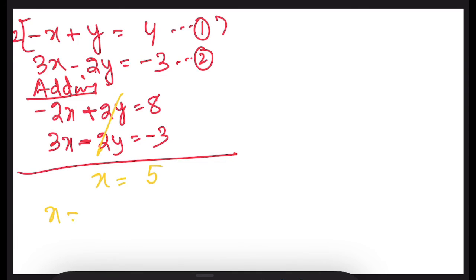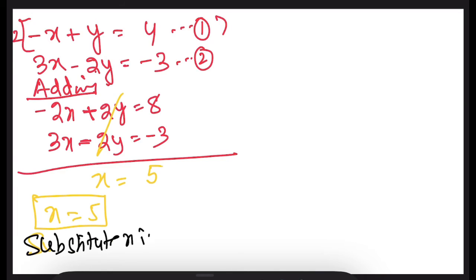Now x value is 5. Now we shall find the y value. Then substitute x in equation 1. So what is our equation 1?